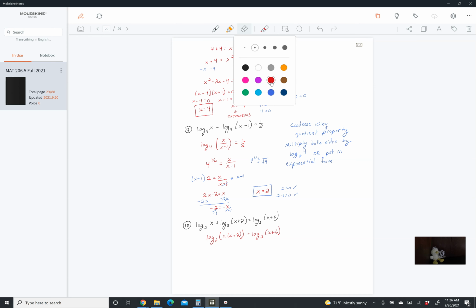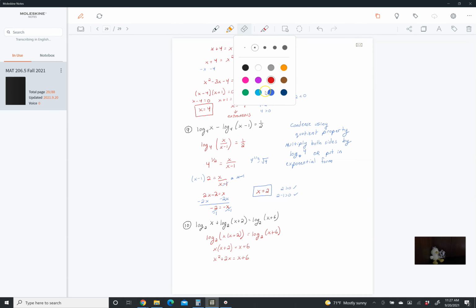The bases are the same, so the arguments are the same. x times x plus 2 equals x plus 6. Distribute. x squared plus 2x equals x plus 6. Okay, so we condensed, set the arguments equal to each other.